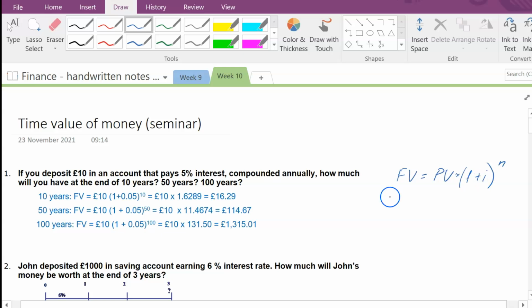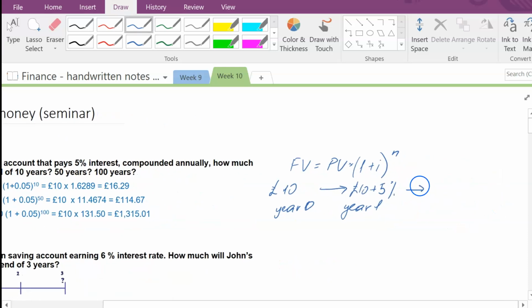For example, we have £10 today, so this is year 0. In today's terms, it's worth £10. In year 1, it will be worth £10 plus 5% out of this £10. In year 2, it will be worth this amount plus 5 more percent, and so on.